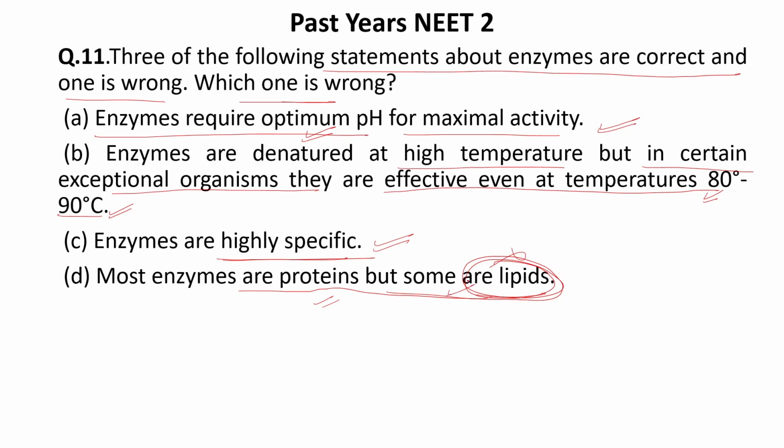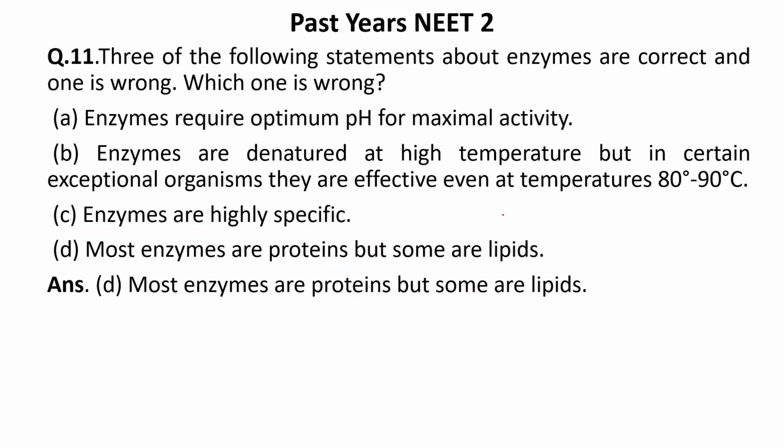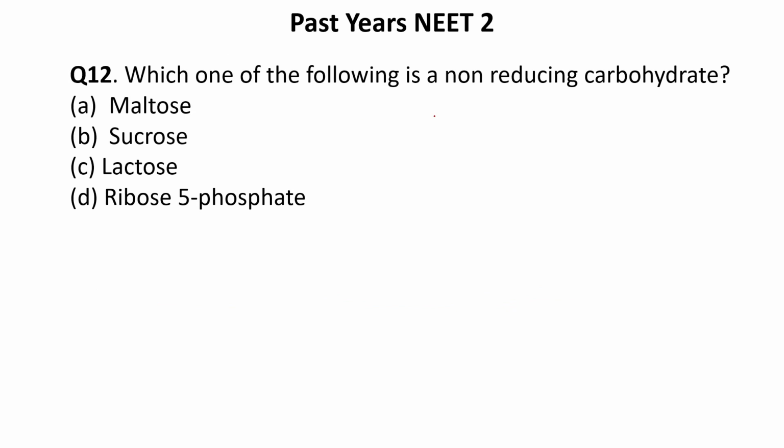So the fourth statement, most enzymes are proteins but some are lipids, is the incorrect statement. Next, which one of the following is a non-reducing carbohydrate? Non-reducing carbohydrate means absence of the CHO and ketone group. So these are the two groups which get reduced.